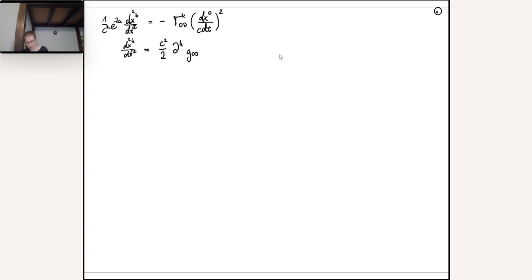Or if we write it in 3-vectors, that's some coordinate acceleration is minus the gradient of some effective potential, which we define up to a constant to be c squared over 2 g00.